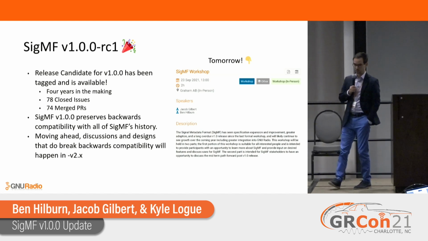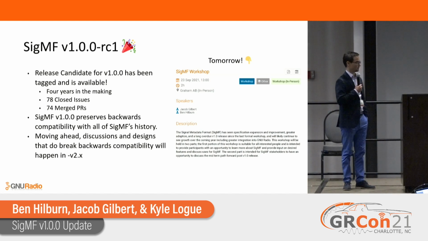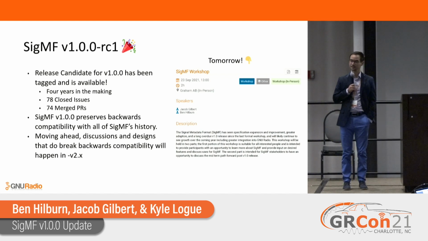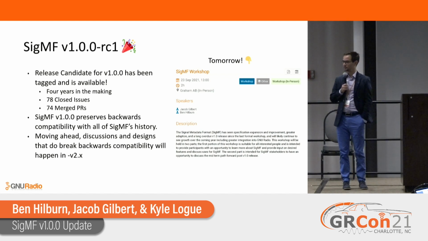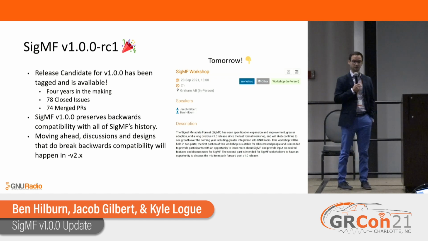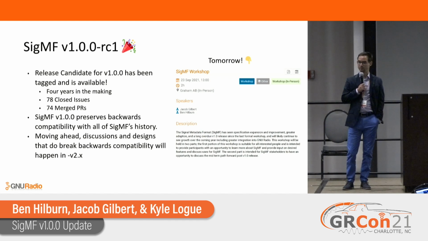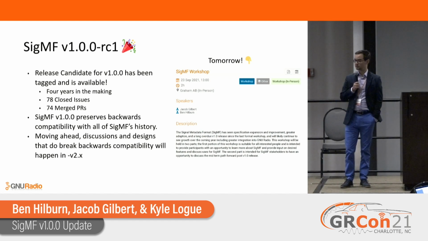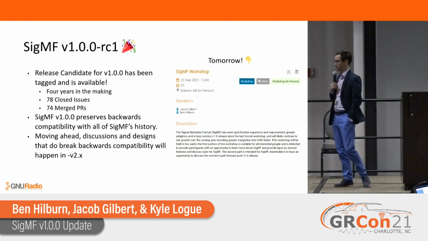The way that we went about this was, the only previous formally tagged release was version 0.0.1, which from a semantic versioning perspective means that we could have done whatever we wanted. We could have totally blown away the spec and made something that was totally not backwards compatible with anything. But it took us so long to figure out exactly what we wanted that version 0.0.1 ended up in super wide use, with lots of people using code, implementing their own libraries, and deploying systems using that version of the specification.